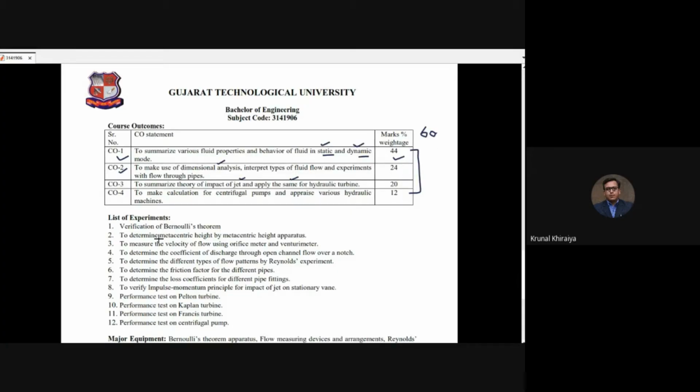Here a list of suggested equipment is given. We need to perform these practicals in our laboratory. First is the verification of Bernoulli's theorem. Second is to determine the metacentric height using the metacentric height apparatus. In our laboratory we have all these facilities and all the practical apparatus is available.